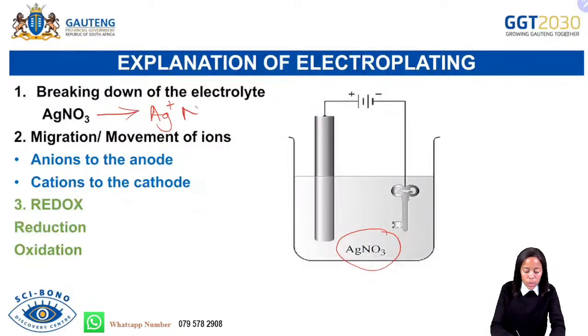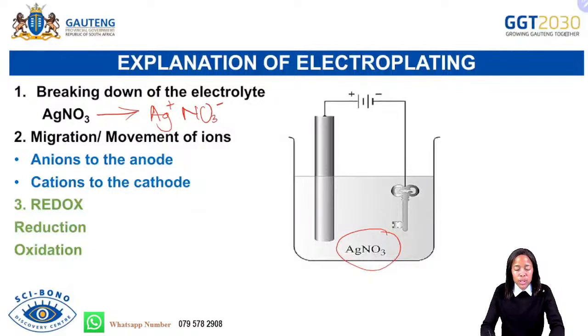And then the NO3 is a polyatomic ion, so it is going to have a charge of NO3 minus. So we break down the electrolyte, meaning this is what we are going to have in solution.